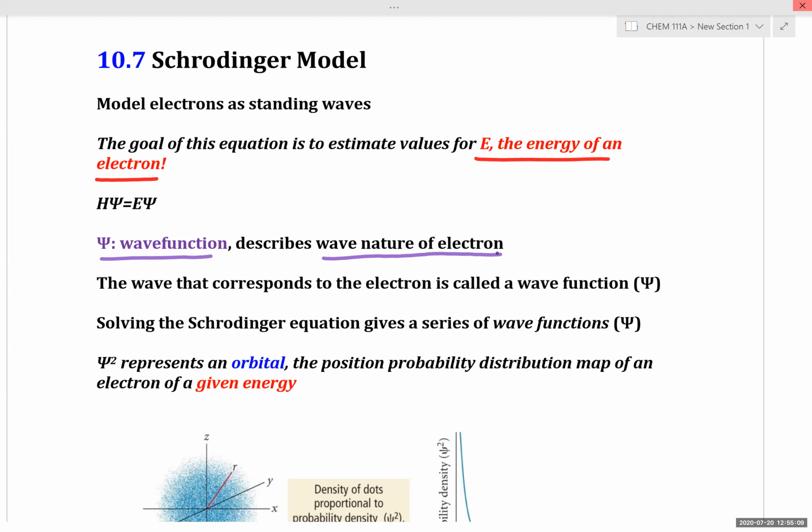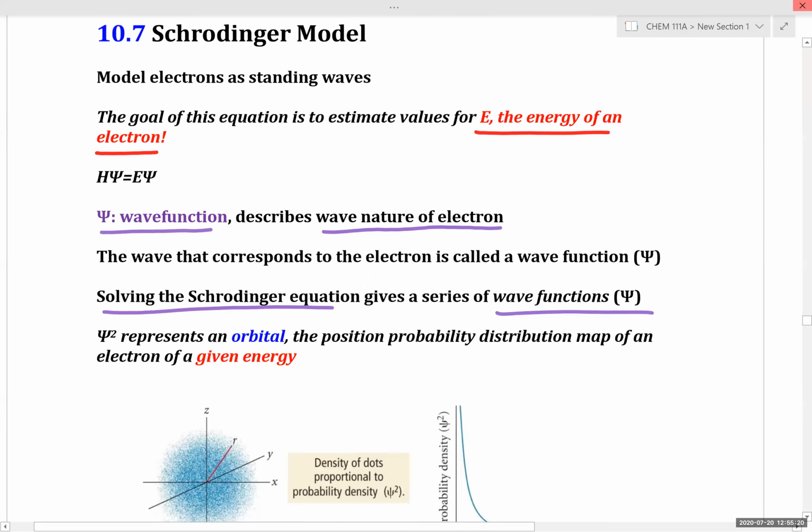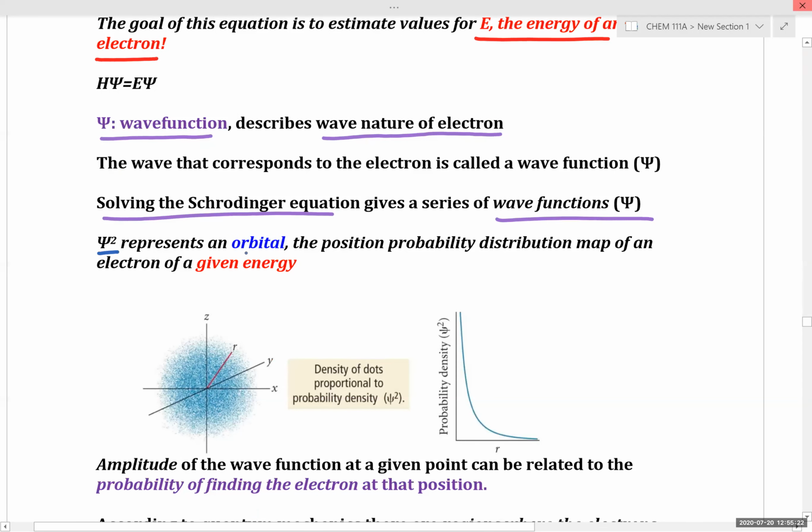Now, when you solve the Schrodinger equation, you will get a series of wave functions. Now, this wave function doesn't have any inherent meaning. However, the wave function squared represents an orbital, which is known as the position probability distribution map of an electron of a given energy.